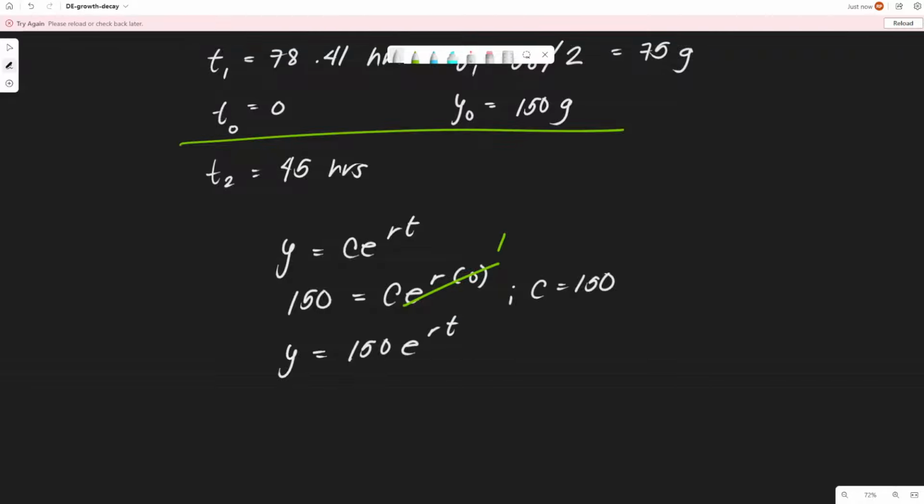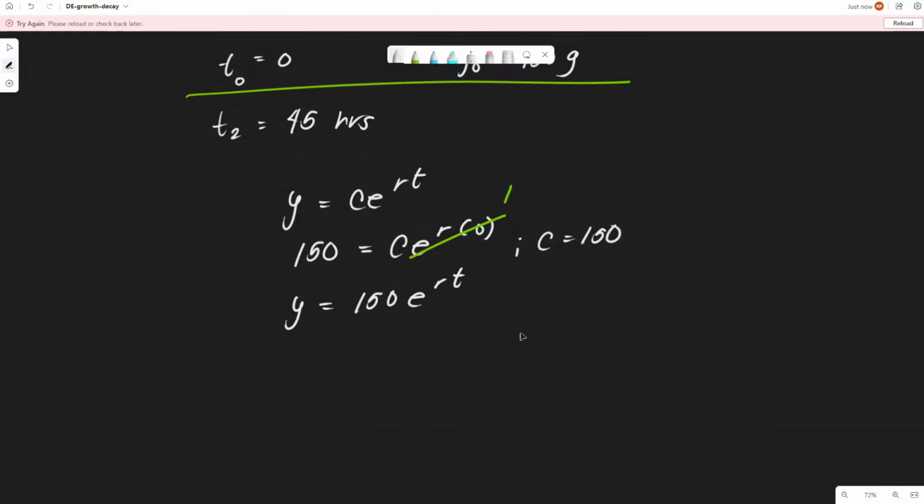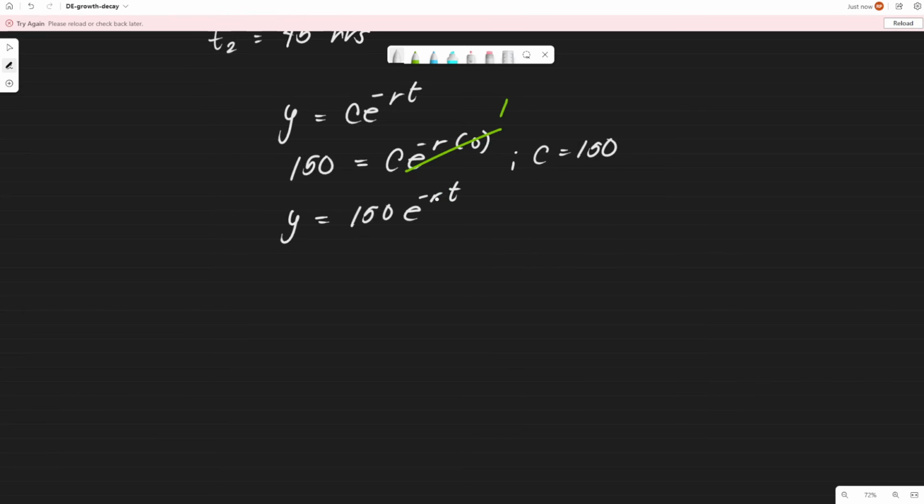Now we are going to find the rate. By the way, this is decay, so it should be negative. Don't forget, okay? When it is decay, it is automatically negative, because if you don't make it negative, it will grow, and that is not half-life. So let's find the value of r.